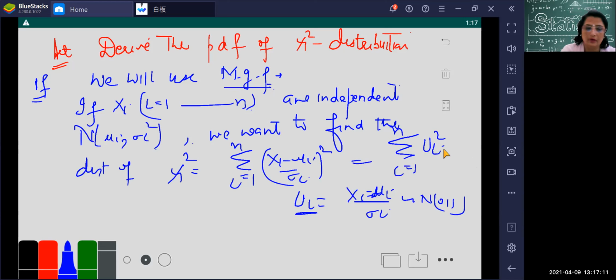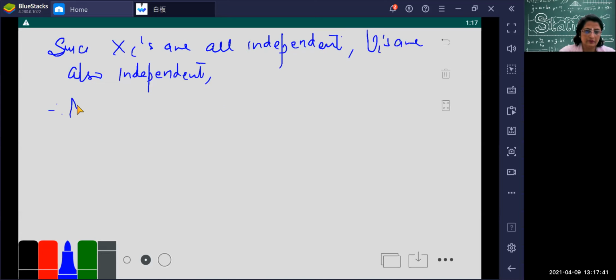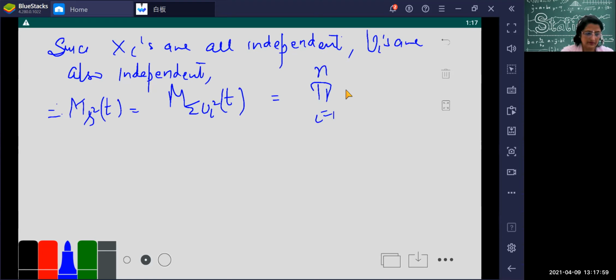Now we will find the MGF of chi-square. Chi-square is the summation of ui square. Since the xi's are all independent, the ui's are also independent. Therefore, the MGF of chi-square at t is equal to the MGF of the summation of ui square at t, which changes into a product by the property of MGF, right?